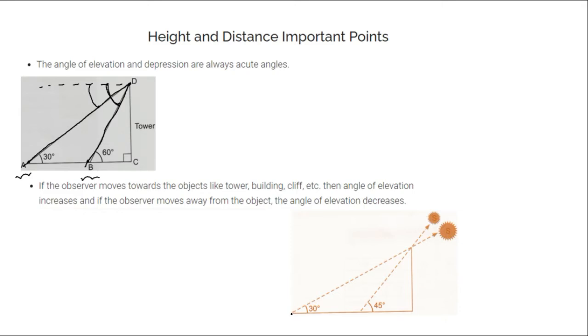If the observer moves towards, then the angle of elevation increases. If he moves away, the angle of elevation decreases.